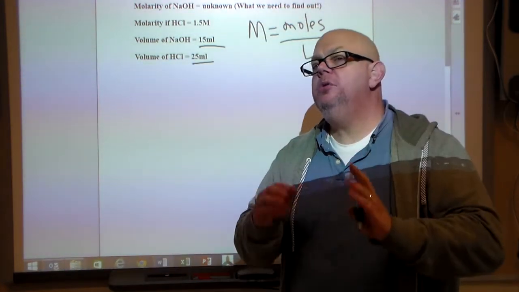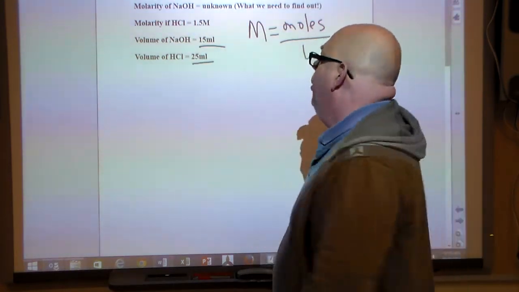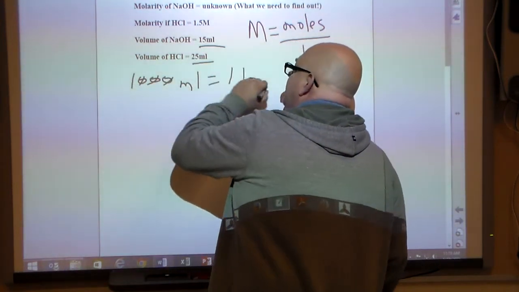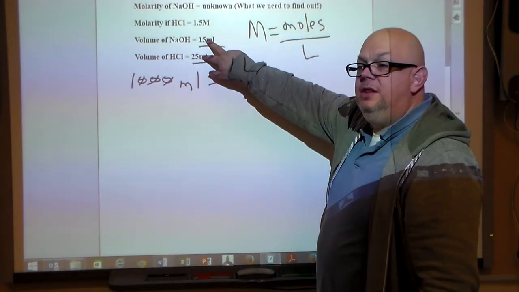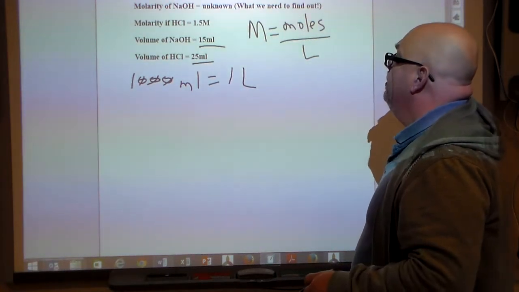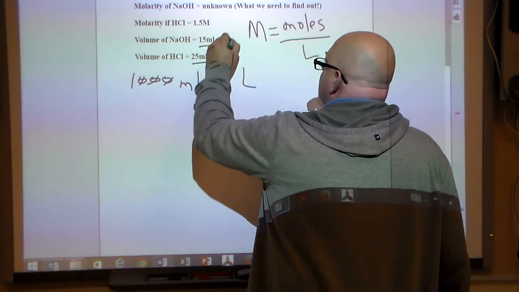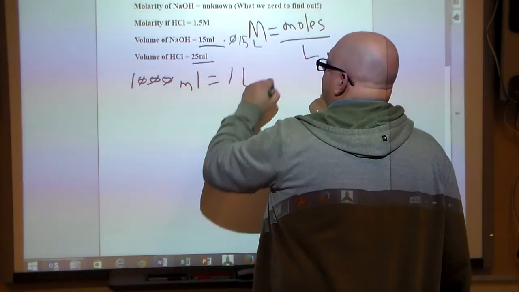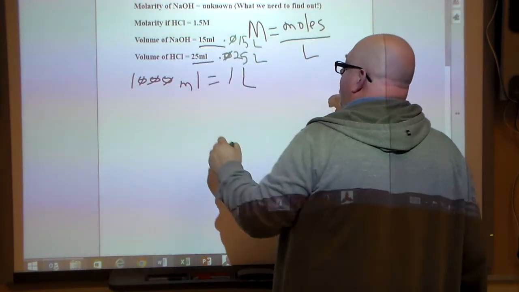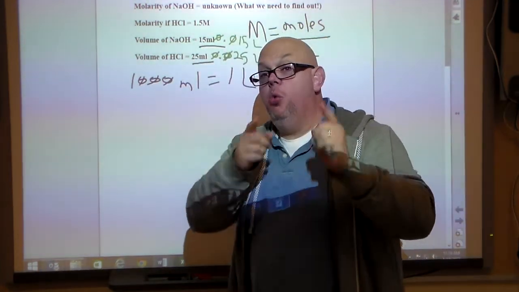If you're not familiar with the metric system, you need to know that it takes 1,000 milliliters to equal 1 liter. So if we change them to liters, we have to divide by 1,000. They're going to be very small numbers. So here we have 0.015 liters, and here it'll be 0.025 liters. So I have now converted those milliliters into liters, and we're almost ready to go.